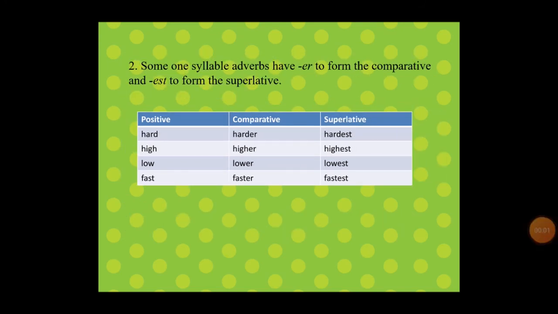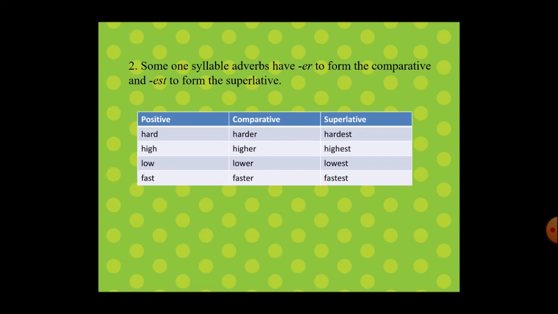Number 2. Some one-syllable adverbs have er to form the comparative and est to form the superlative. As you can see in the table below, hard: to make it comparative, we have added er, harder, and to change it into superlative, we have added est, hardest.